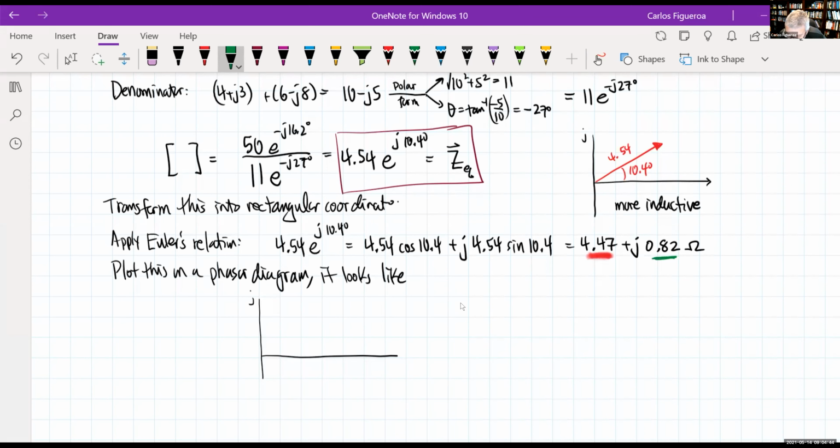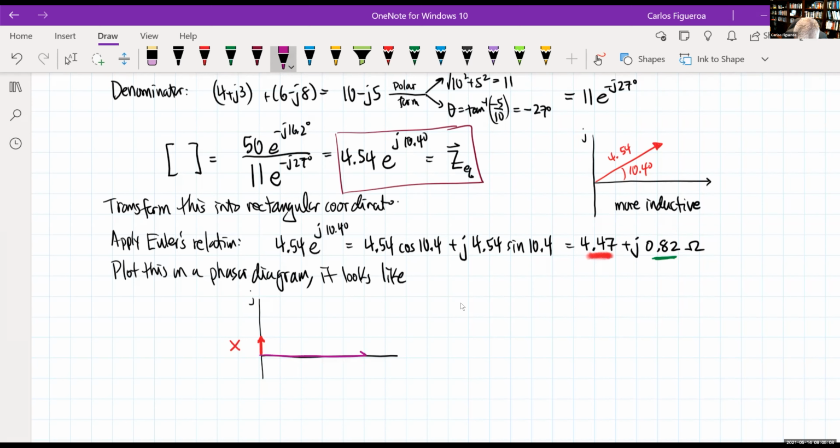You're seeing this little tiny guy, and this is the reactance. Then you look at the resistor, and the resistor is much bigger, right? It's almost 5 times bigger: 1, 2, 3, 4, 5. Let's say it comes all the way out to here.